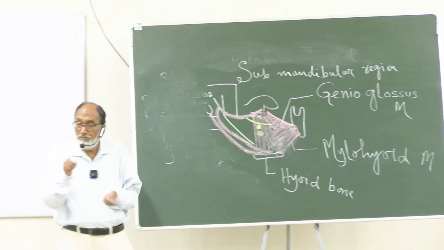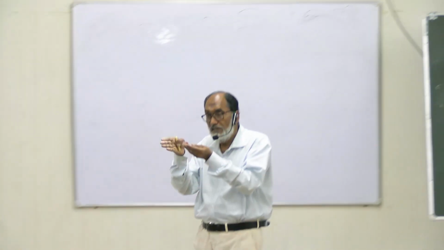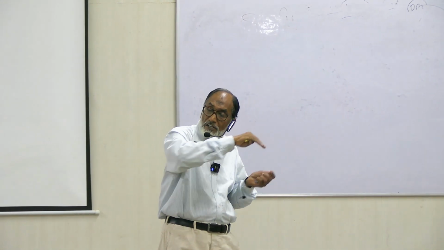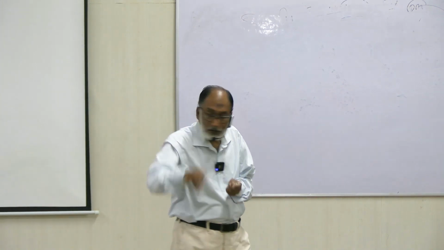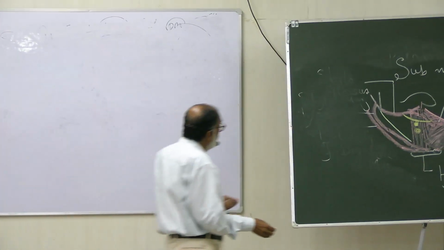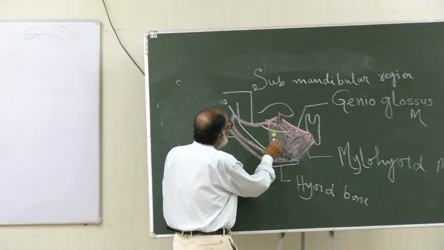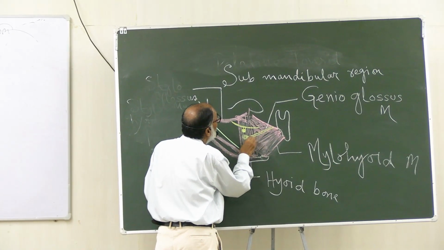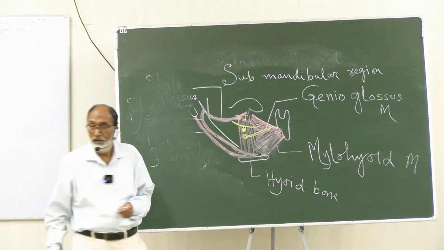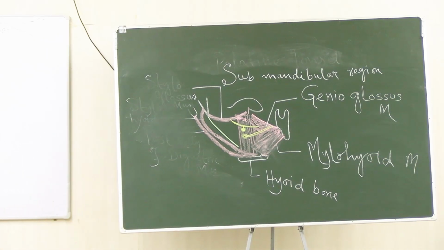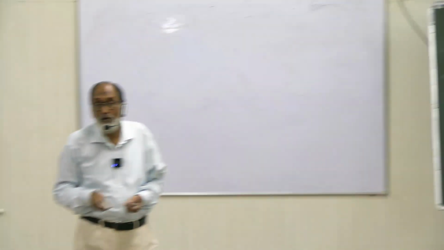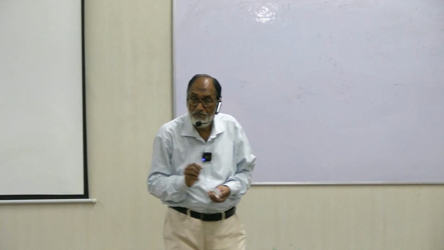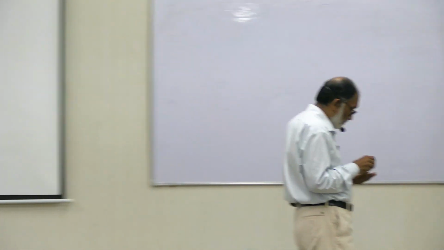And you know the submandibular duct originates from the superficial part but passes through the deep part, so here you will get the submandibular duct. Below the deep part of the submandibular gland, you will get another important nerve, that is the hypoglossal nerve.